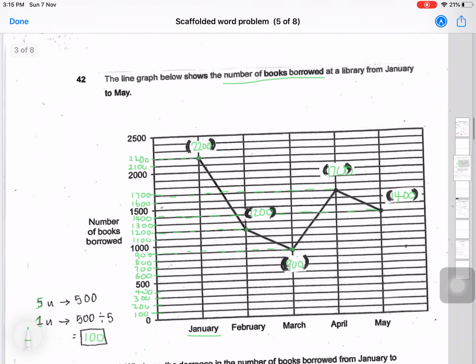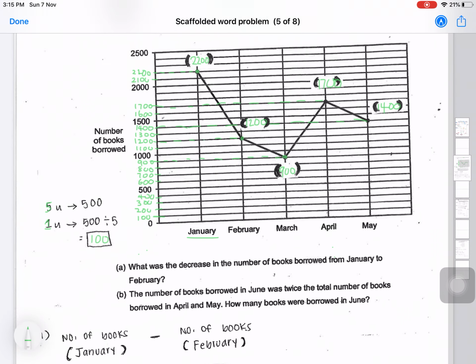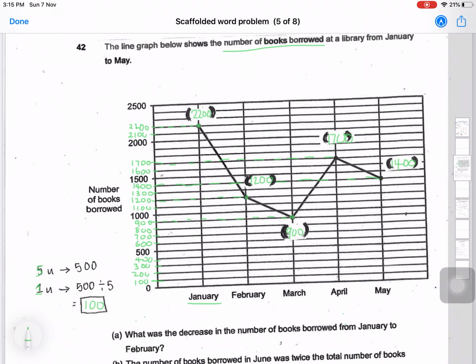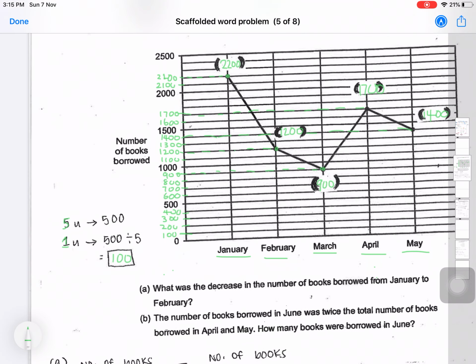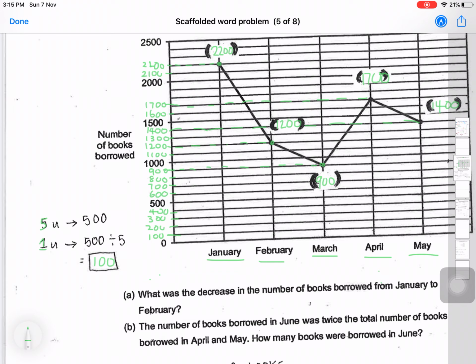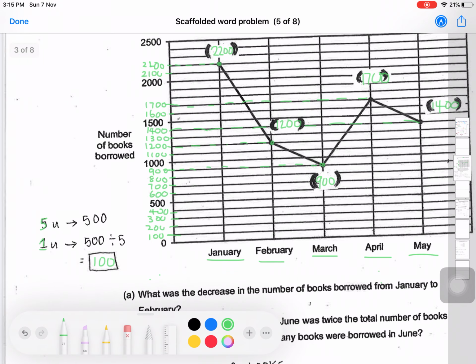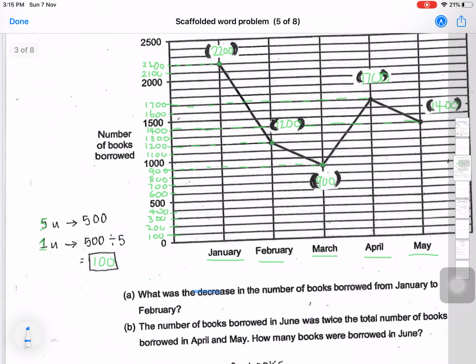Now that we have filled up all the data and we have found the data points which represent the number of books borrowed in January, February, March, April, and May, let's look at the question. Now we are ready to find out the answer for question A. What was the decrease in the number of books borrowed from January to February?